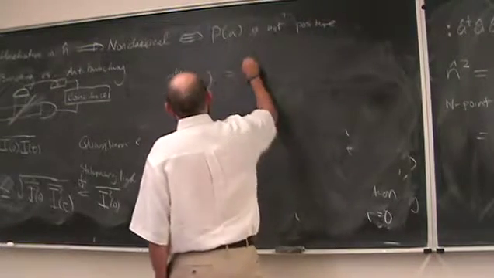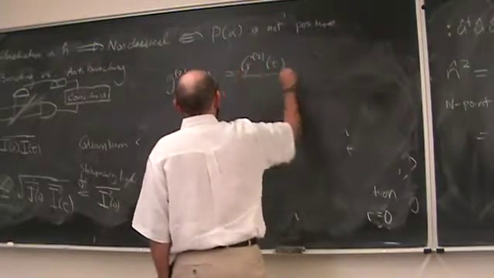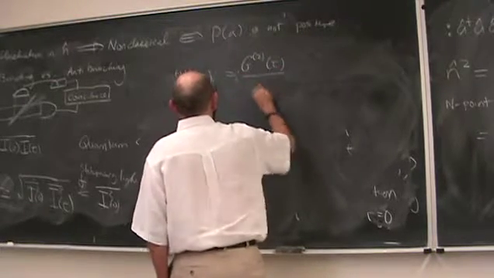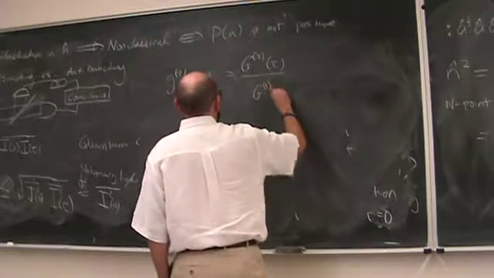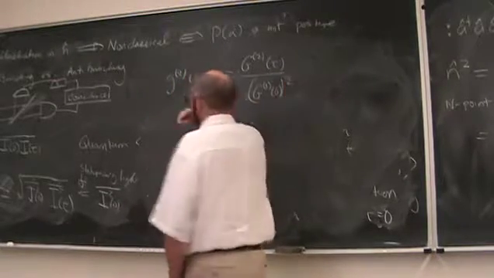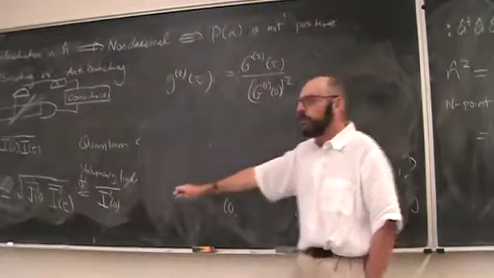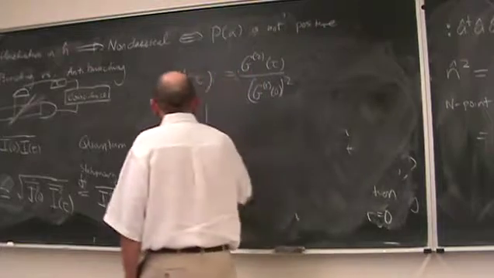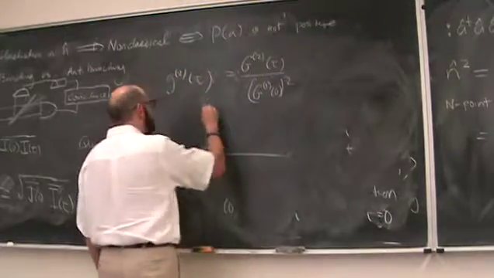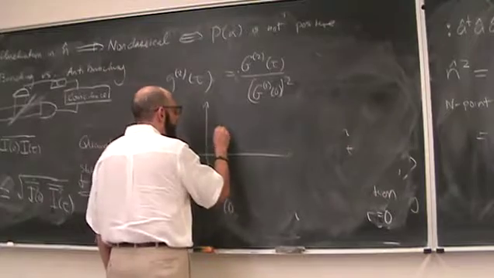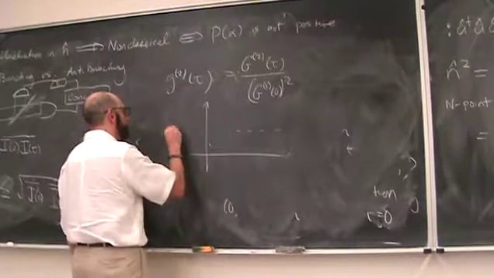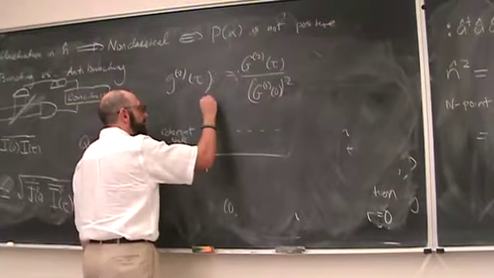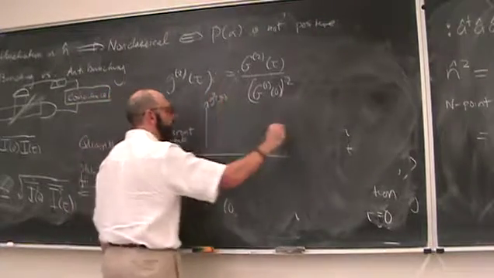This is the G2, the big G2, divided by G1 at 0 squared. So this is sort of related to the ratio of these two guys. If I look at this, what I find is the following. If I have a coherent state, g2 of tau is 1.